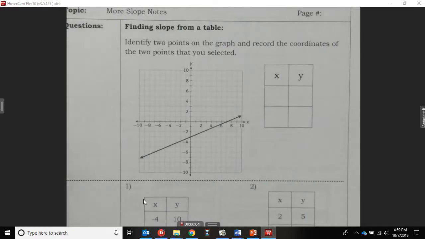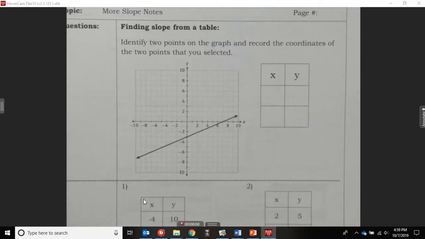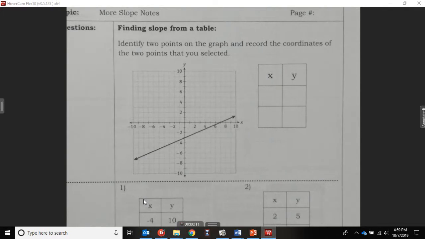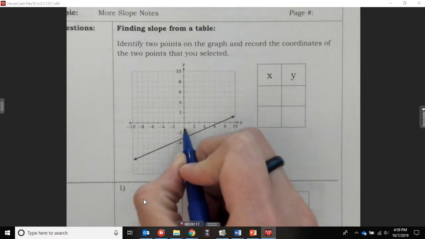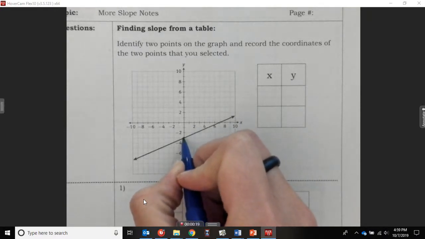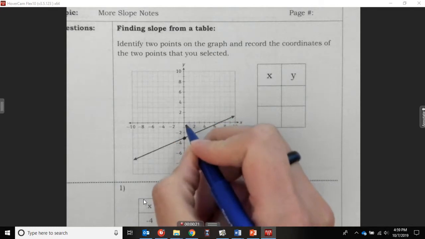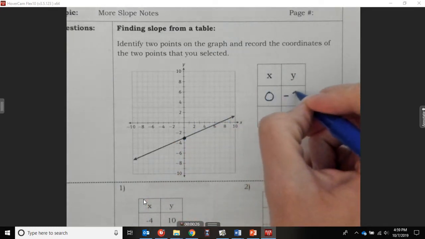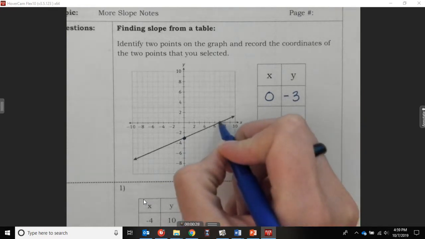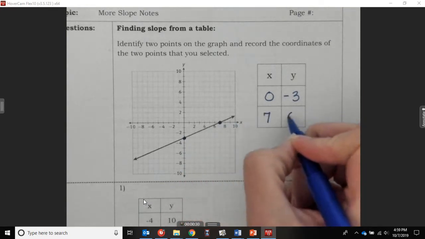Alrighty, we're going to finish out our notes on slope, and so we're going to find slope from a table. We're going to review by first looking at slope from a graph, and we know that we find slope from a graph by finding 2 points. If I look at these 2 points, here is a point, (0, -3), and then this point over here is (7, 0).